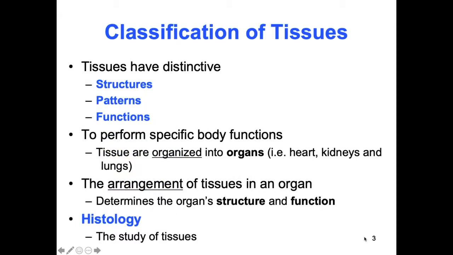So these tissues, all four of them, have distinctive structures, patterns, and function, right? So here, when you look at structure, pattern, and function, again, we're talking about anatomy and physiology, where we're talking about structure and function. And these tissues are going to be organized when they come together to form organs, whether it be the heart or the kidneys or the lungs, etc. When we study tissues, we call this the study of histology.